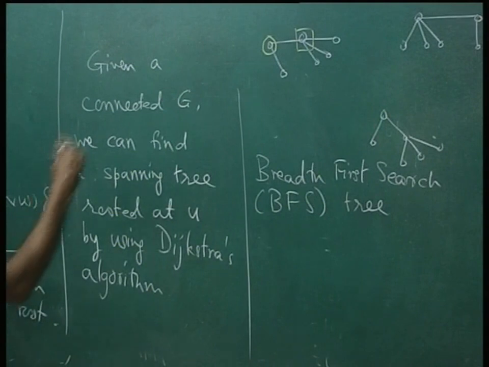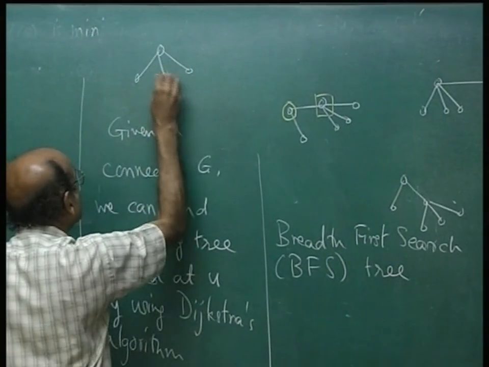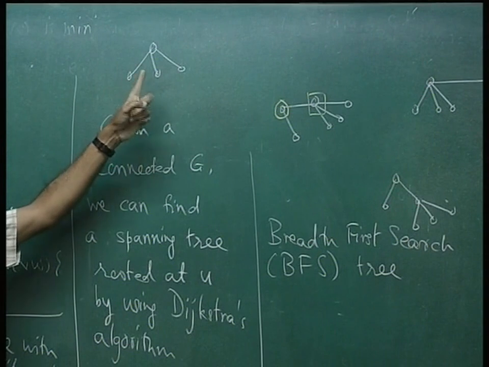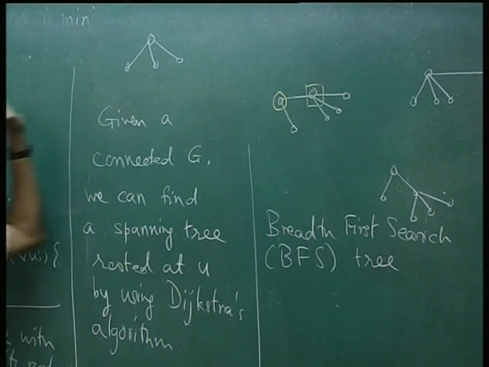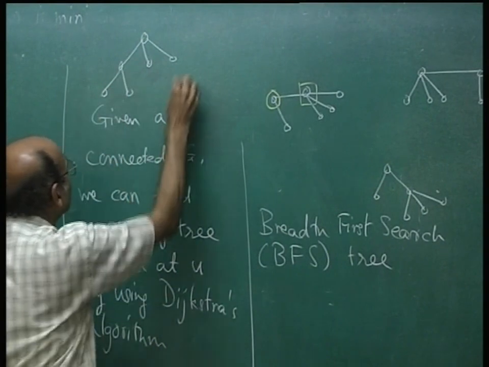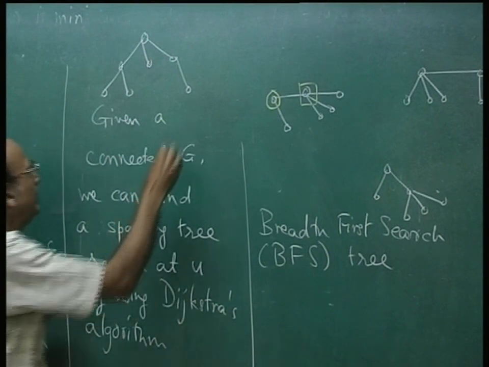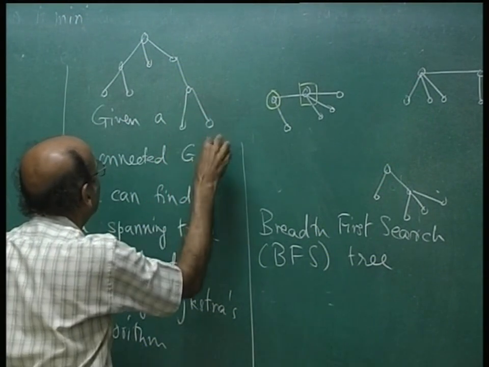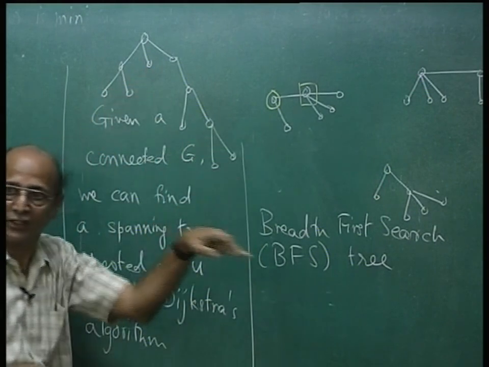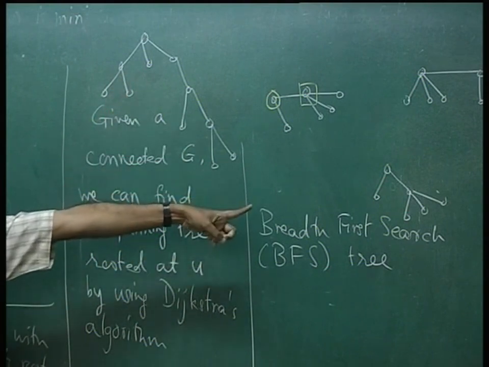What is it that we're going to do? We start with a root. Its neighbors are to be called children of that root, natural terminology. Then he has grandchildren, and then he has great-grandchildren. May have great-great-grandchildren, etc. Is that clear? That is the idea of a breadth first search tree.